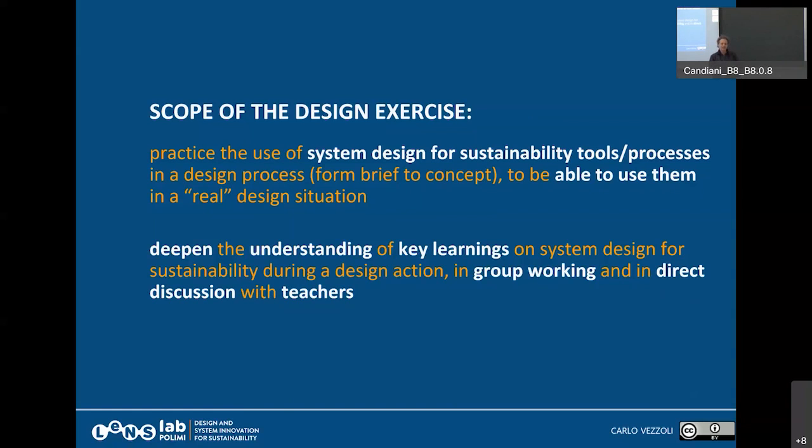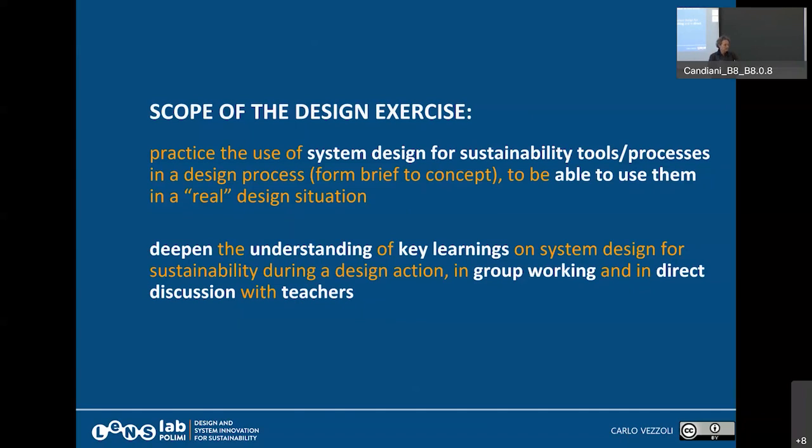It is known that when we are doing a work group, so discussing with others, and you are now student, future designer, or already designer, this is really fruitful even to understand some key topics that we have learned during the frontal lecture, okay?